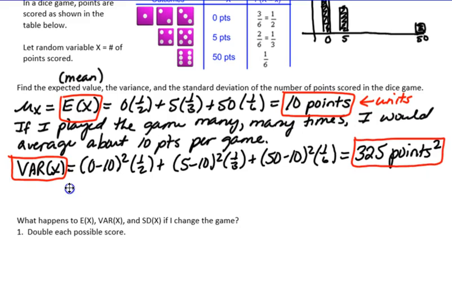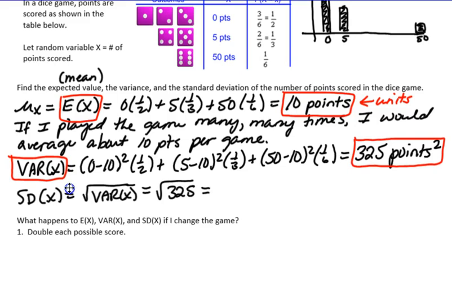So to find the standard deviation of x, we just take the square root of the variance of x, which is the square root of 325, and that ends up being about 18.0278 points, or about 18.03 points. Okay, so those are our mean and standard deviation.